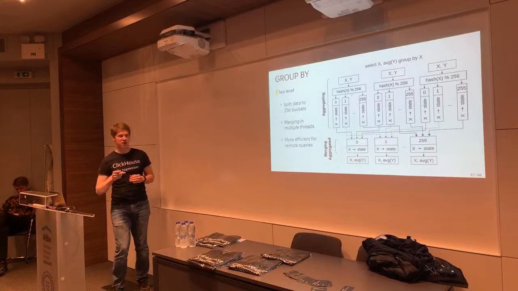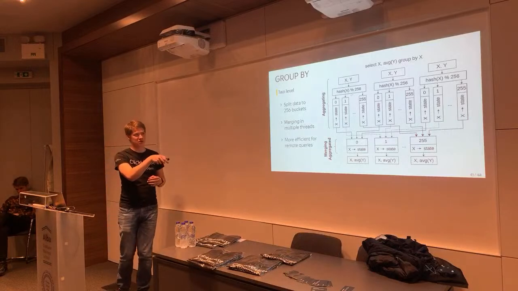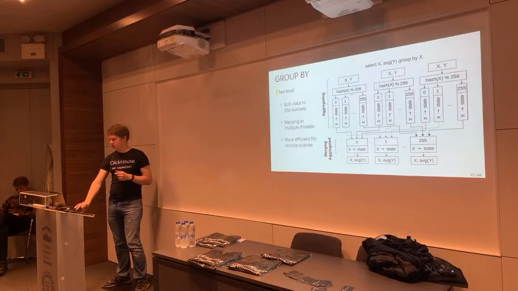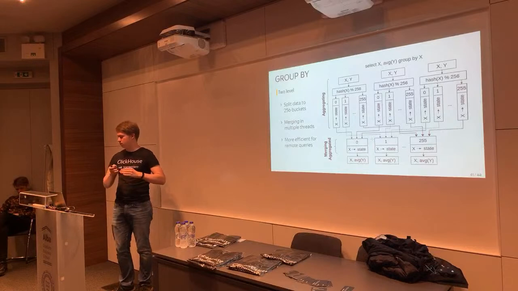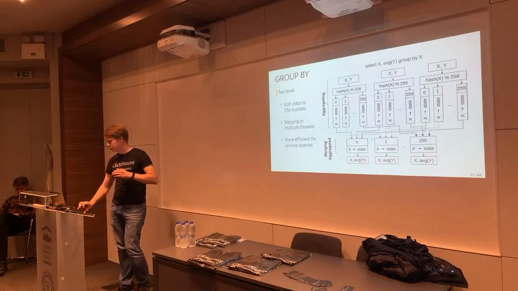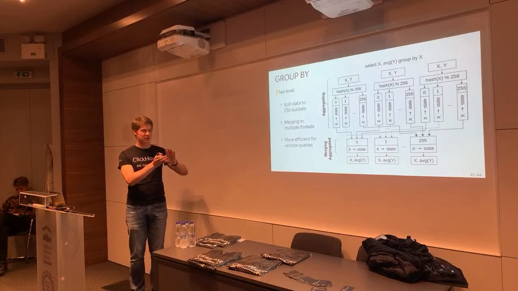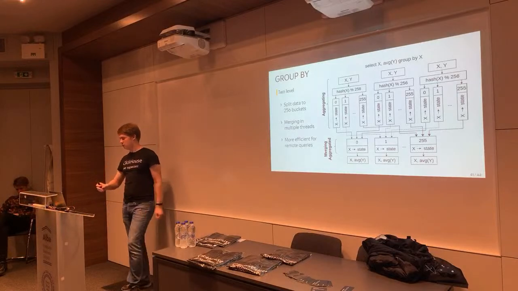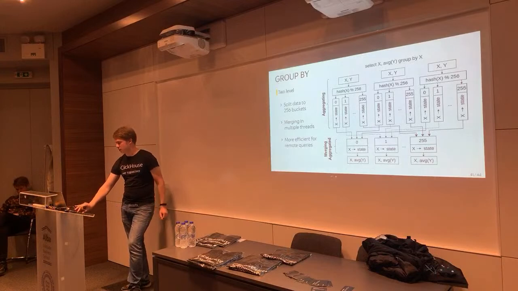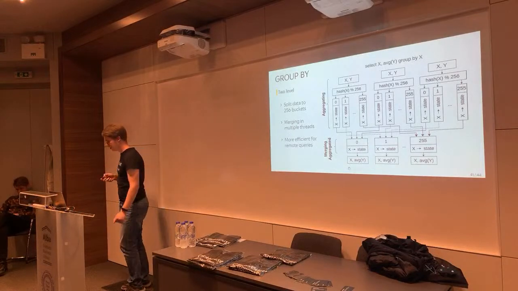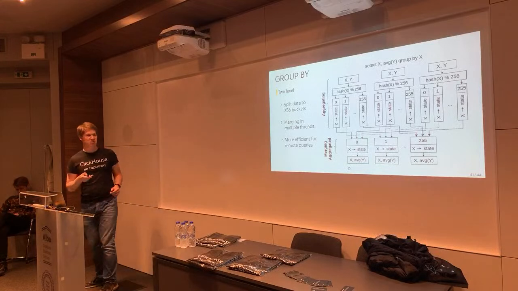And insert this key into one of these 256 hash tables. We do it in every thread, and when we merge data, we need to merge only data from different buckets, because keys do not intersect. And now we can do it in parallel, and we can even finalize data in parallel and move it to the client.